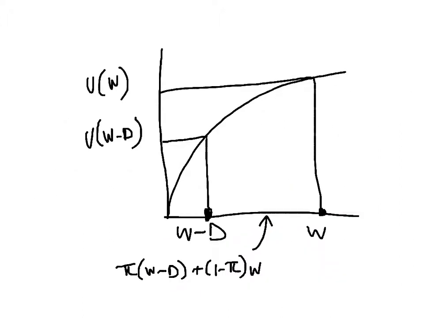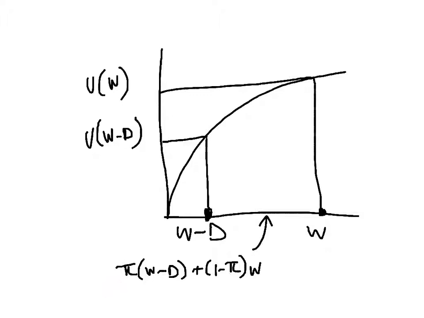Now this result actually makes a lot of sense. You can think about the situation as follows. Here's where you are. Here's your wealth if the damage happens. Here's where you are if nothing happens. The expected value of wealth, given the uncertainty that the loss might or might not happen, is here.